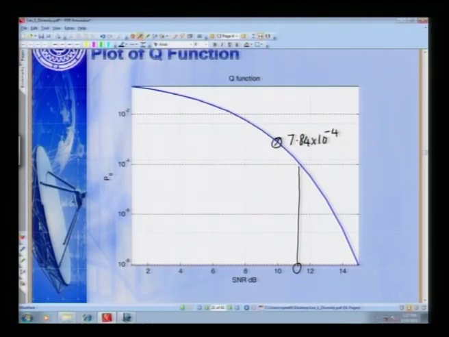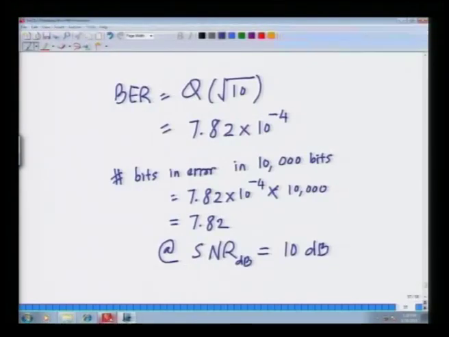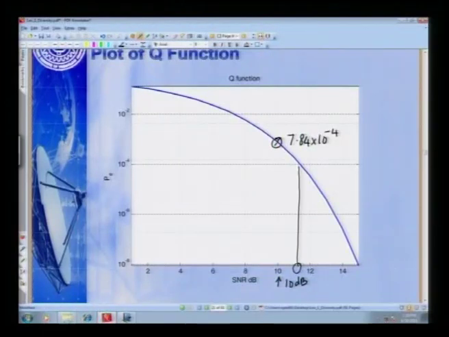This point corresponds to the 10 dB point, and it says the bit error rate is 7.82 into 10 power minus 4. That is the probability that one of the received bits is in error.